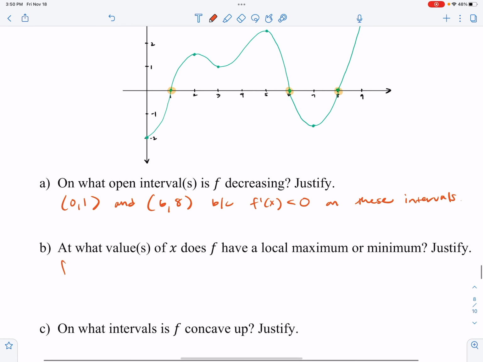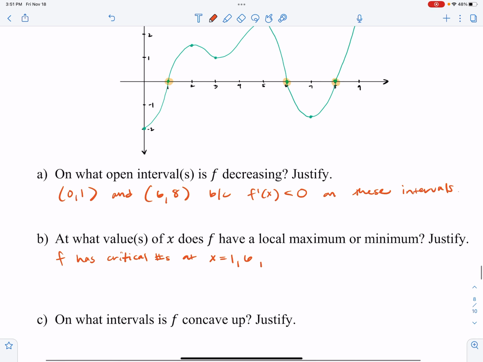So we would say that f has critical numbers at x equals 1, 6, and 8, because f prime is equal to 0 at these points.